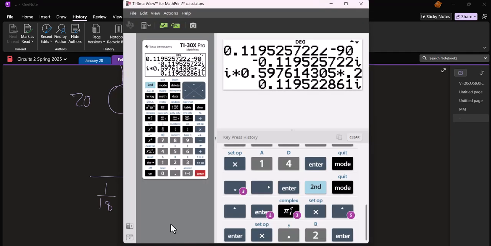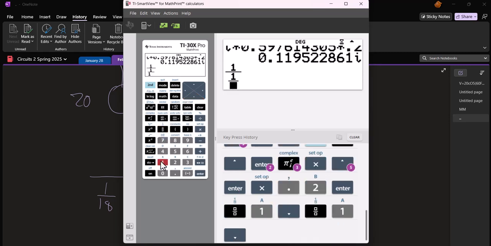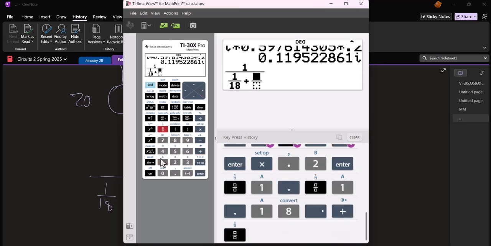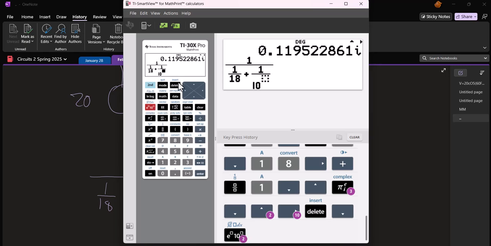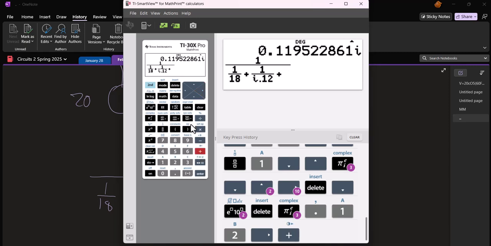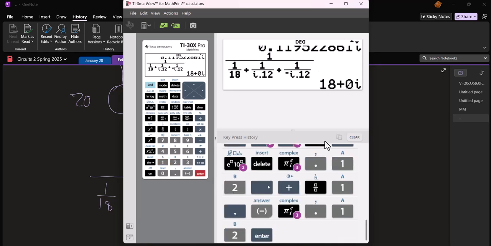So it's 1 over 1 over 18 plus 1 over J 0.12 plus 1 over minus J 0.12, and you'll see those last two will cancel out, and not surprisingly we get 18.